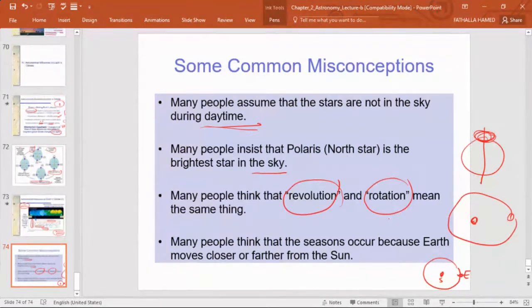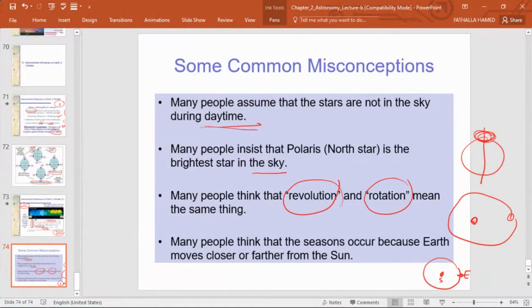When we talk about revolution, when we talk about rotation, when we talk about precession, and sometimes something that we call circular motion, you really have to be careful with using these terms. And with this, we conclude chapter number 2.